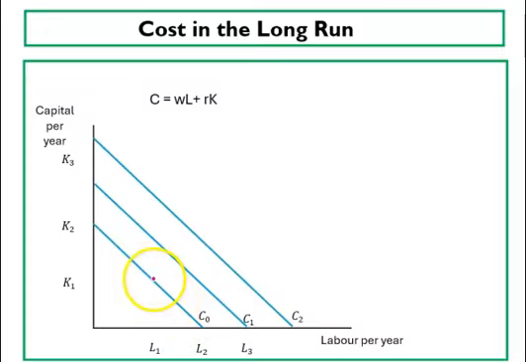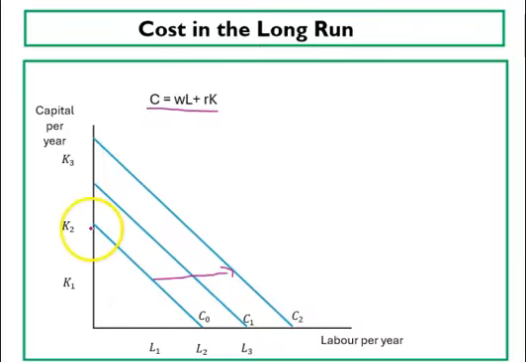And we can see here that as the Isocost line shifts to the right, it shows that costs are increasing from Isocost line C0 to Isocost C2. And this equation here is for the Isocost line. If we are given, for instance, Isocost line C1, then it shows all possible combinations of labor and capital that can be purchased.